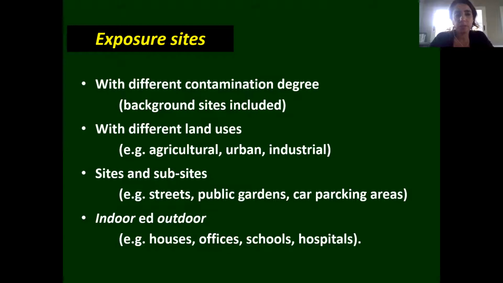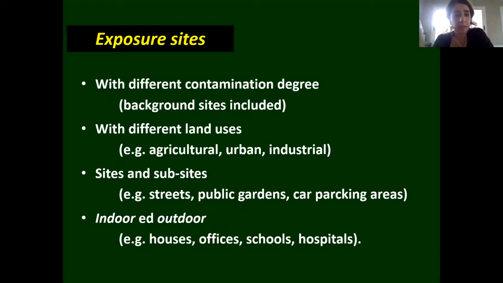Of course, in this type of study it's always important to also evaluate the contaminants in background sites, because we think that these sites have a lower contamination level compared with the other types of sites, for example, agricultural environments and industrial sites, in which the pollution level is higher compared to the background.